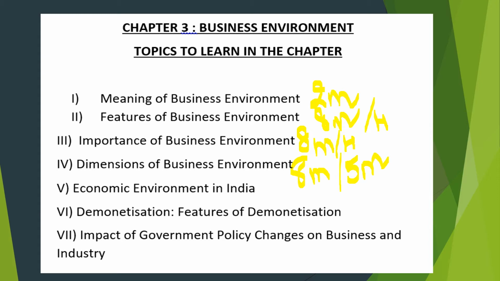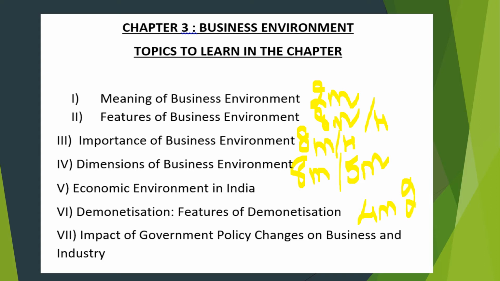Then you have economic environment in India. You can go through that particular topic, but please ensure at least you know what is the meaning of it, how exactly did it start off, the regulations, all those things. Then you have demonetization and features, which may come for a 4 marker or a 2 marker.